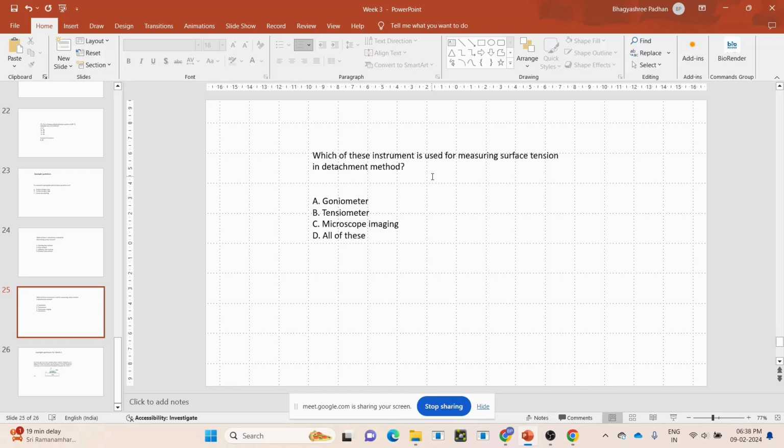So here tensiometer is mostly used for both plate detachment as well as ring detachment methods. Whereas goniometer is used for sessile drop method. Microscope imaging is mostly used to take a picture of the droplets and then measure the contact angle from there and then determine the surface tension.